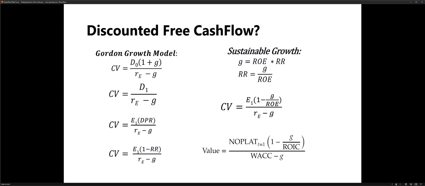Well, what is this retention ratio really? How do we change it from this to this? So there's actually a formula to calculate your sustainable growth. And how to do it is to take your return on equity times your retention ratio. So return on equity represents the return on your equity, right?